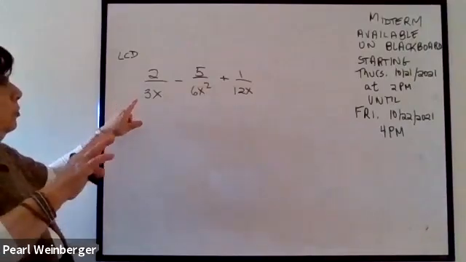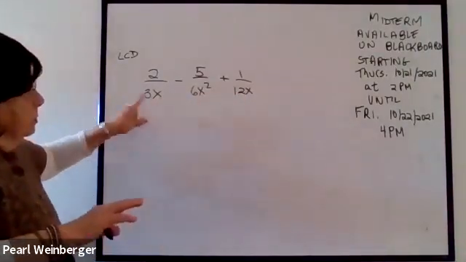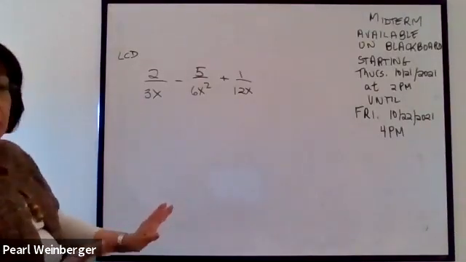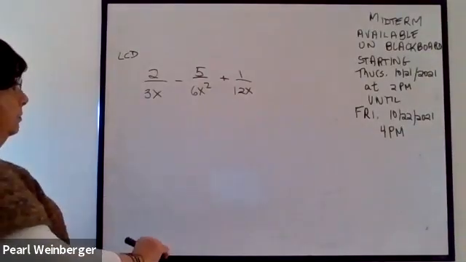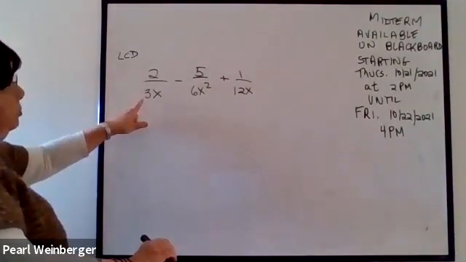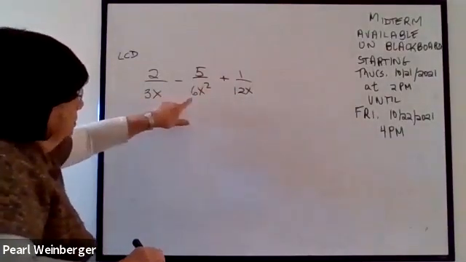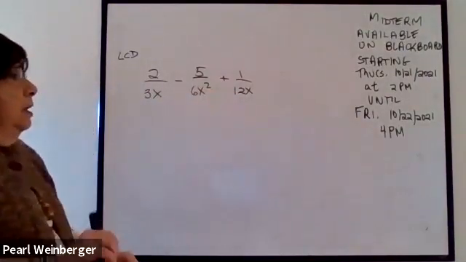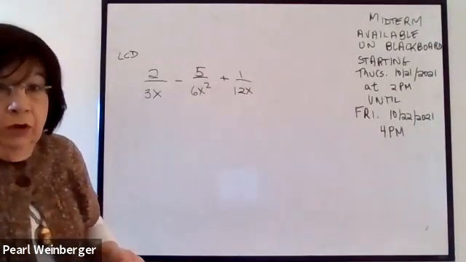So first of all, when your denominators are all monomials, single terms, then in order to find the least common denominator, you first look at the number parts, the 3, the 6, and the 12, and see if there's any number that all of them will go into.